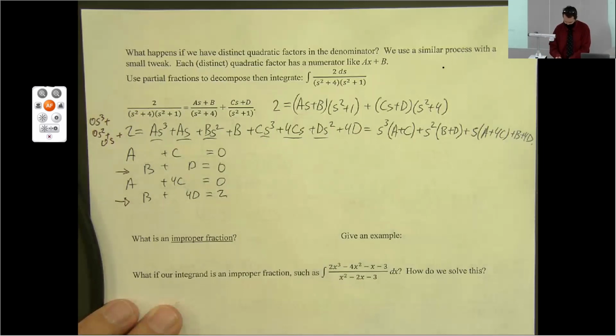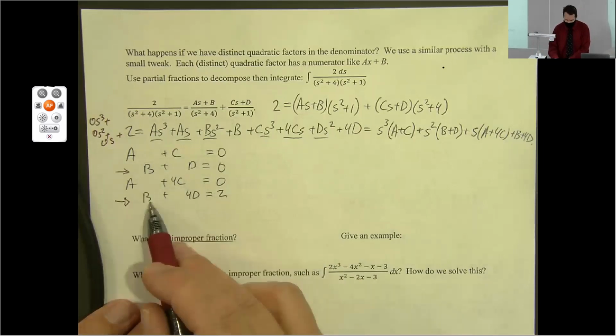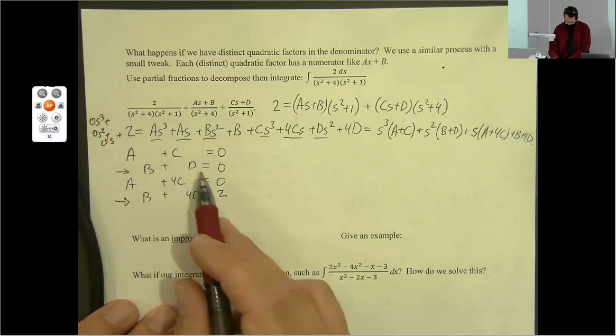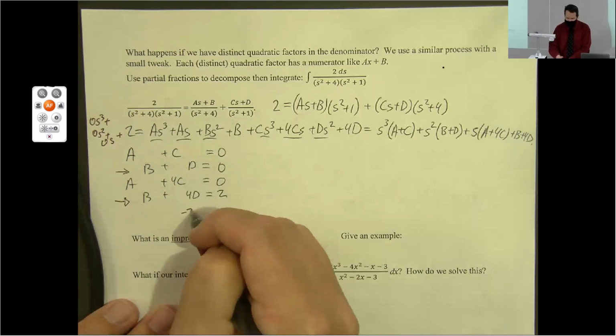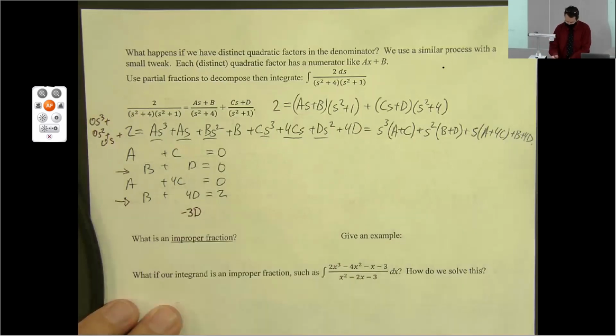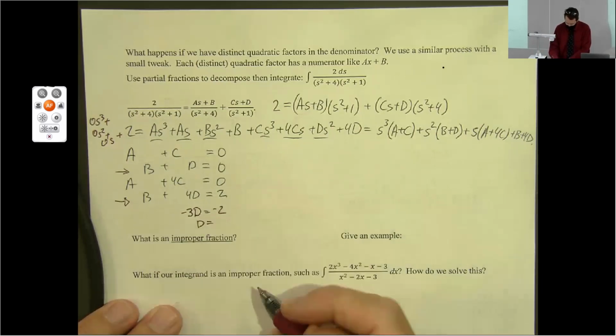That'd be okay? Yep. So b minus b is 0b. We eliminated the b's. D minus 4d is negative 3d, right? Yep. 3d equals negative 2, and 0 minus 2, so d equals negative 2/3.